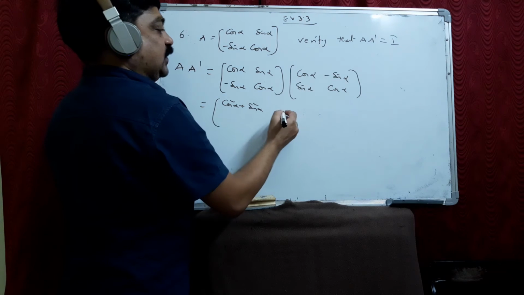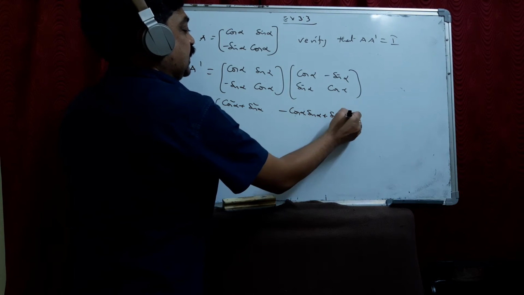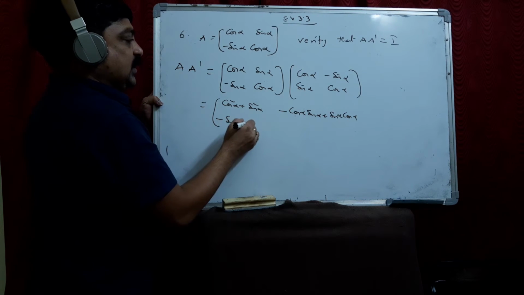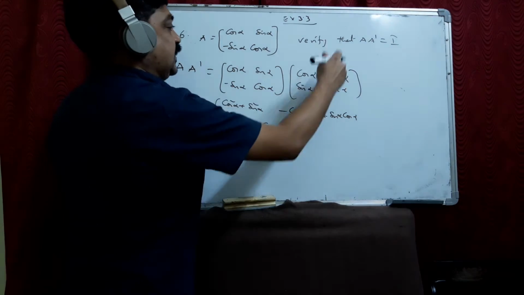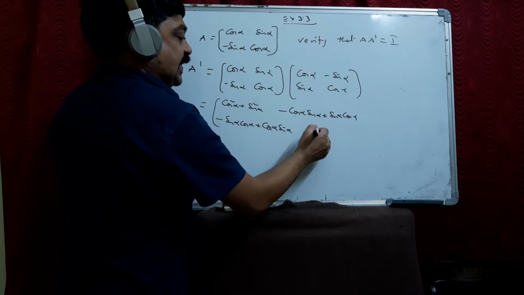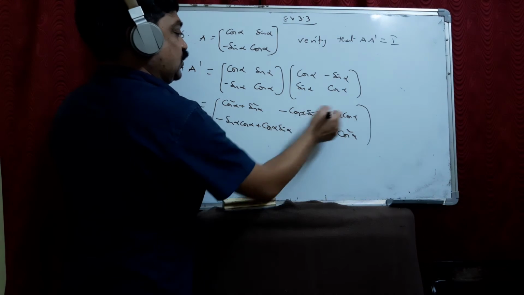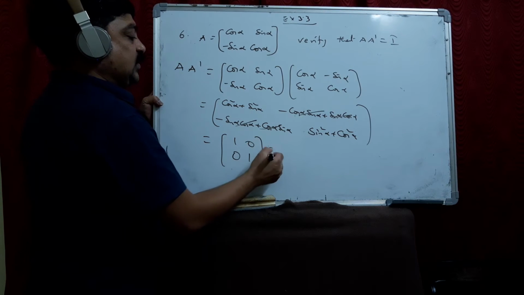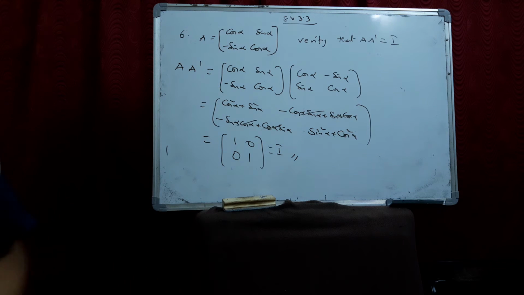Now this into this: minus cos alpha sin alpha plus sin alpha cos alpha. Now this into this: minus sin alpha cos alpha plus cos alpha sin alpha. Now this into this, the row into column: sin square alpha plus cos square alpha. Now these two get cancelled. These two get cancelled. It becomes 1 0 0 1, which is nothing but the identity matrix. Like that you can do for the next problem also.